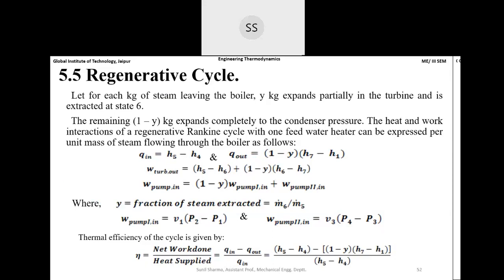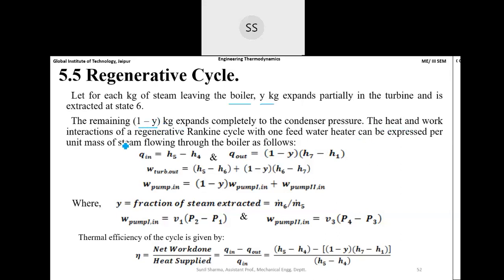So let for each kilogram of steam that leaves the boiler, y kilogram expand partially in the turbine and be extracted at state 6. The remaining 1 minus y, as we have calculated for 1 kilogram, expands completely to the condenser pressure, as we had in the example of 0.6.